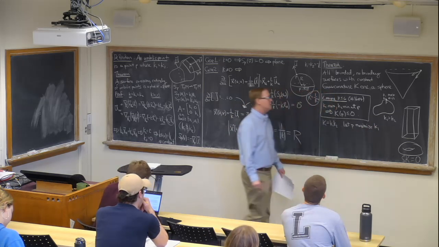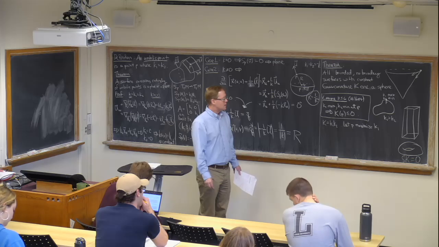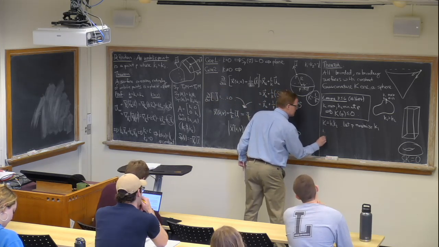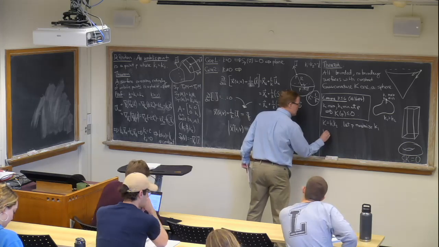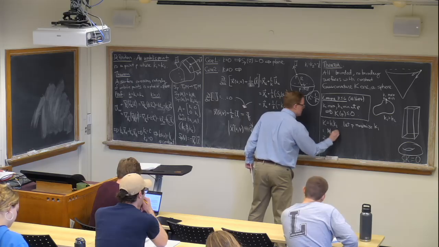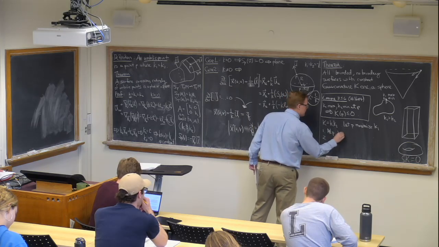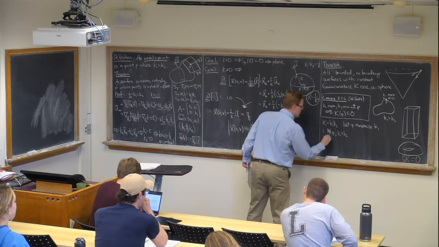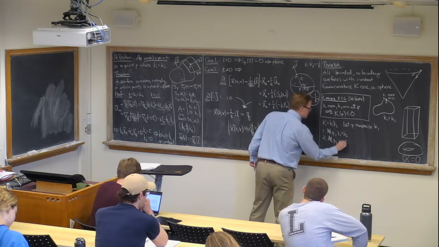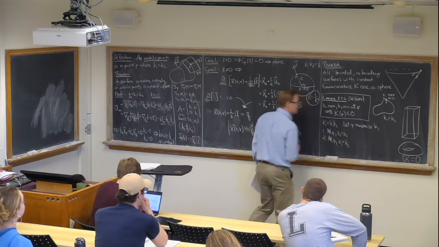Now, there's two possibilities. Possibility one is that at p, k1 is greater than k2. The second possibility is at p, k1 is equal to k2.